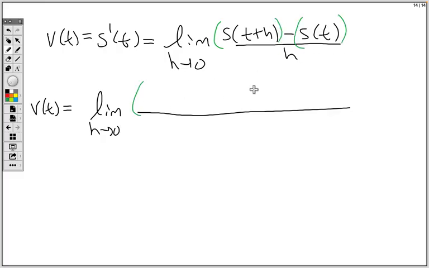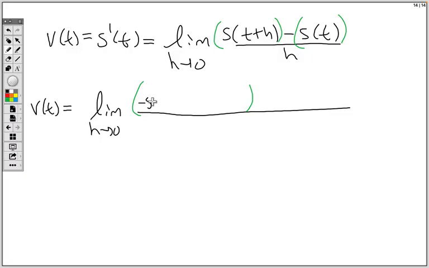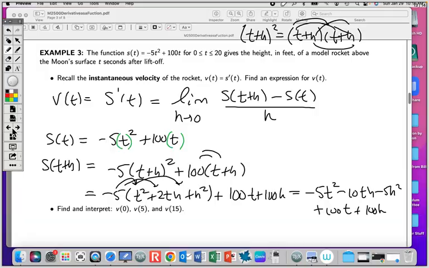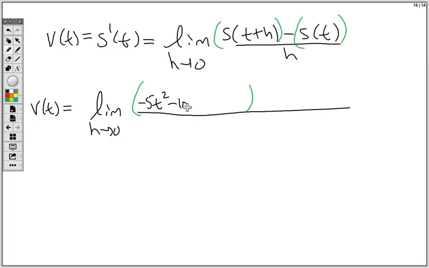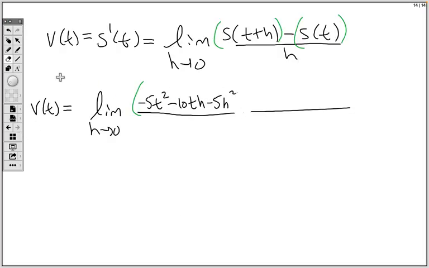So let's go ahead and plug in what we had for the s of t plus h, because it was quite a production here. It was a minus 5t squared minus 10th minus 5h squared plus 100t plus 100h. So this whole thing is the expression for s of t plus h.